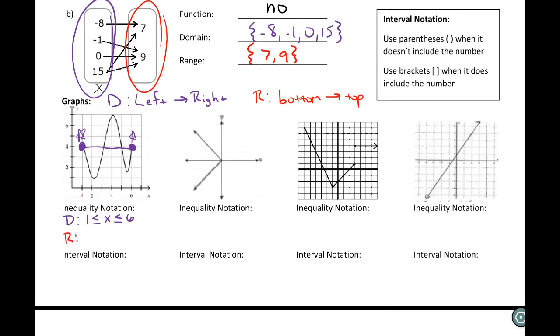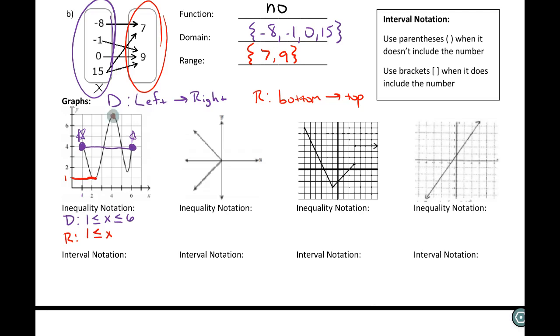Our range is going to go from the bottom, which looks like it's down here, to the top. Now this one's a little harder to see, but it looks like our graph definitely meets at 1 for that range. So we can say 1 is less than or equal to x.